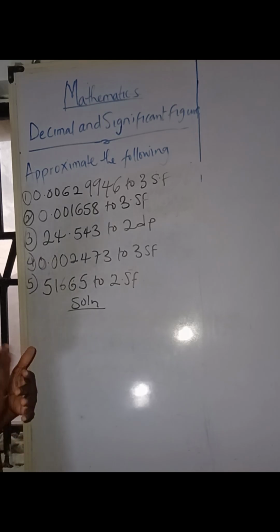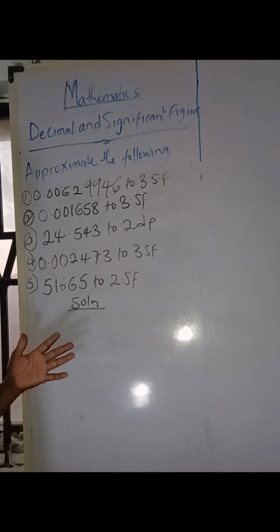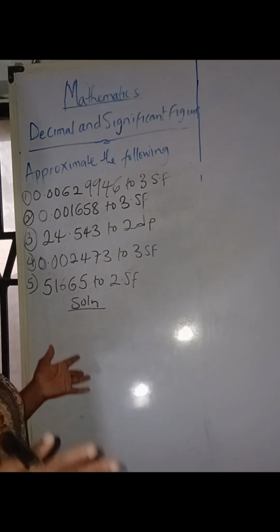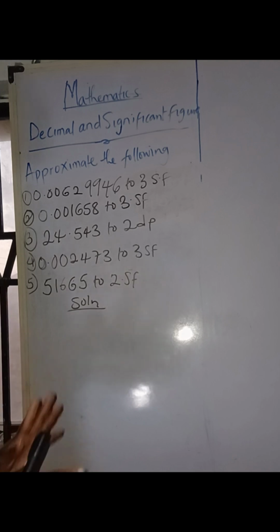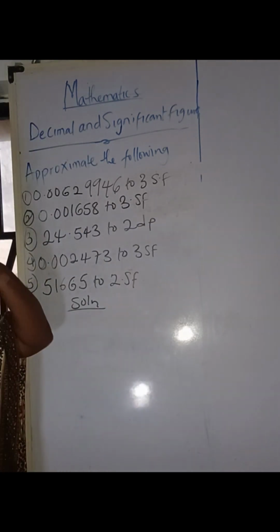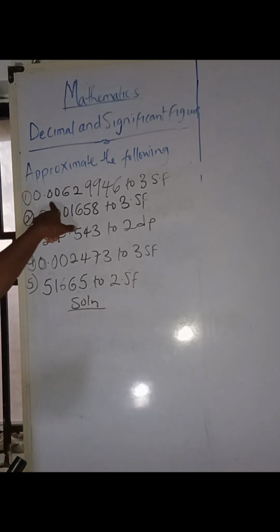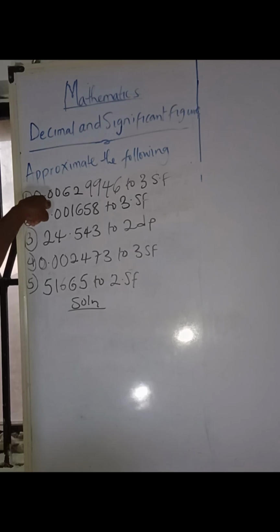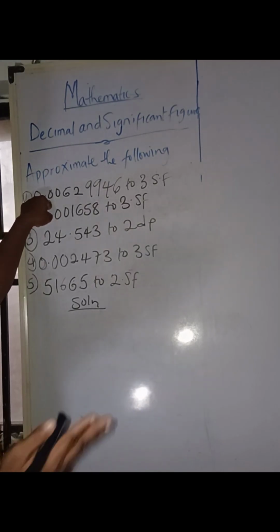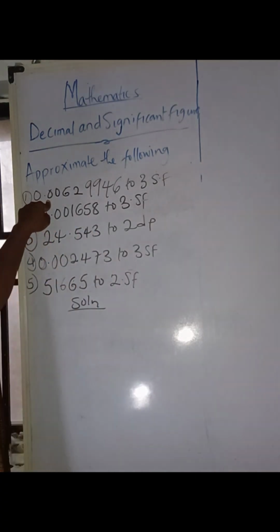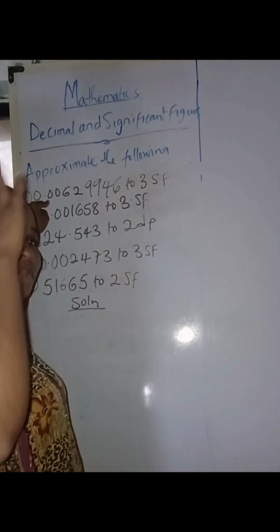If you are approximating to any significant figure, whether one, 2, 3 or 4 significant figures, you start your counting from the very first significant number. And the significant number in this question is 6. 0 is not a significant value. If you have 0, you don't have anything. What you have is not significant. But if you have 1, 1 is a significant value.